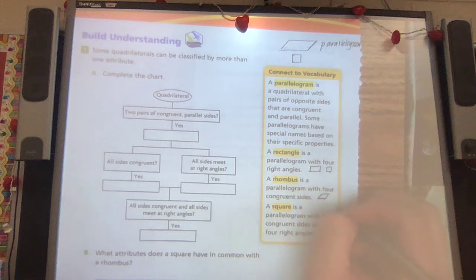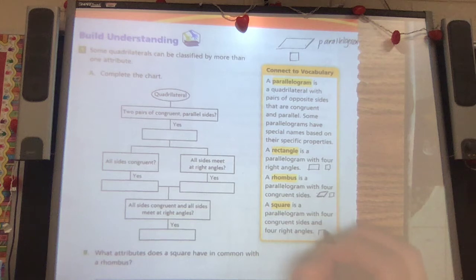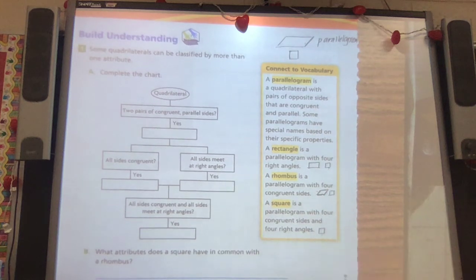I say like a sideways square. But a square could also be considered a rhombus. A rhombus just has to have four equal sides. And a square is a parallelogram with four congruent sides and four right angles. So you can't really call anything else a square but a square. But you can call these other things squares because a square carries all those same attributes.